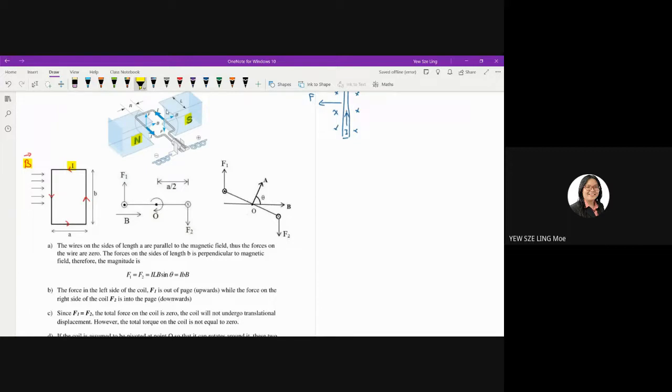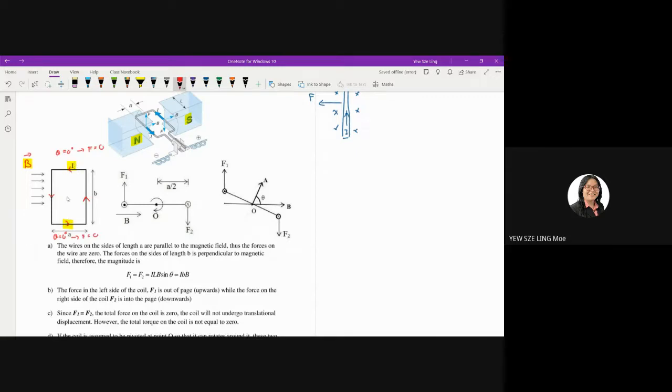They are parallel to each other, so theta equals 0 degrees, meaning force is also equal to 0 at the upper wire. If you look at the lower wire, current is going to the right, B is also going to the right. Once again, the angle between them is 0 degrees, so the force is also 0.